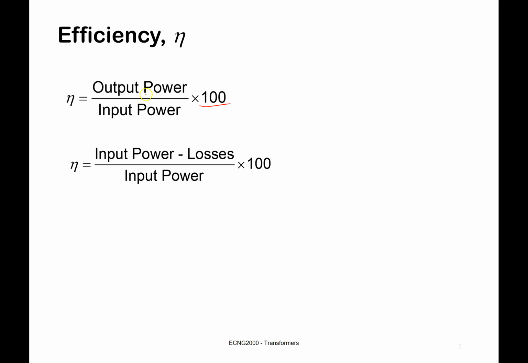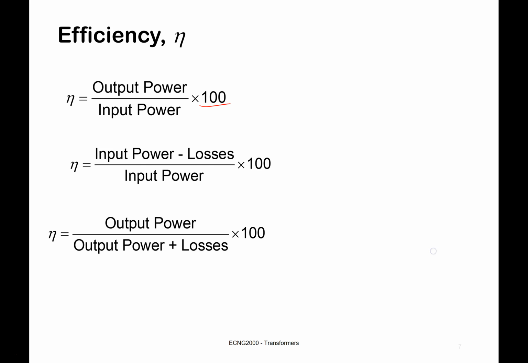So let's talk now about efficiency. And you all know that efficiency is basically the output power over the input power multiplied by 100 if you want to get it as a percentage. And we could write this in a few different ways. We could say the output power is actually the input power minus the losses, or we could say the input power is really output power plus losses.